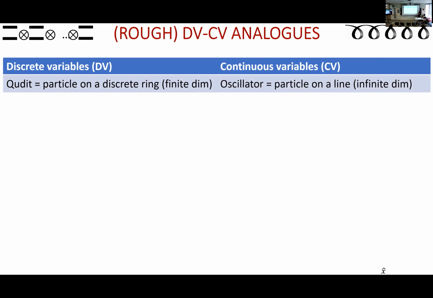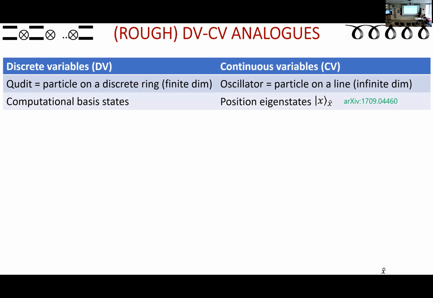You can associate an oscillator with making the pizza slices very thin, popping it open, and making it infinite on a real line. In both cases, you have the eigenstates, the computational basis states. In this case, these are not technically states because they're not normalizable, but it doesn't matter. Dirac was totally right. This is the right notation, and these are the right things to use for some purposes.